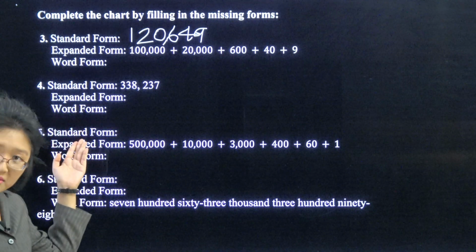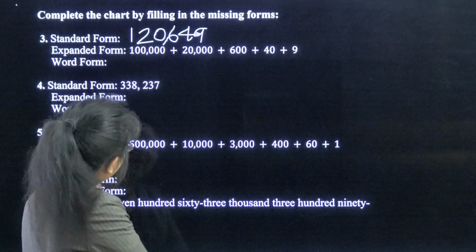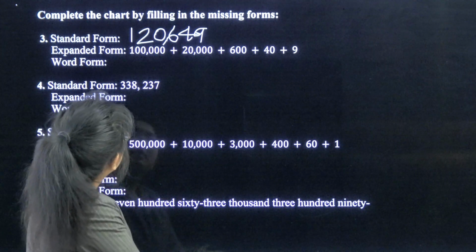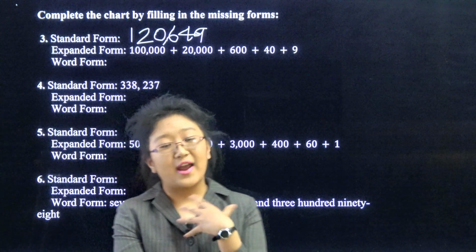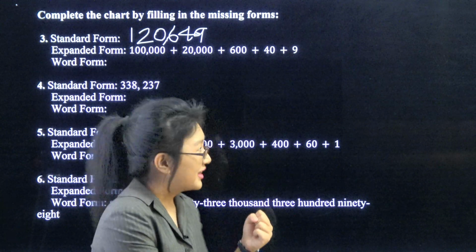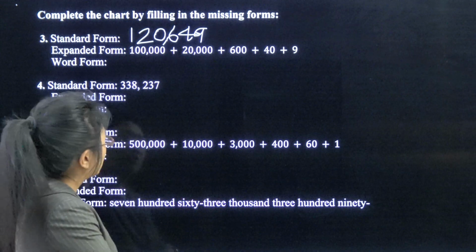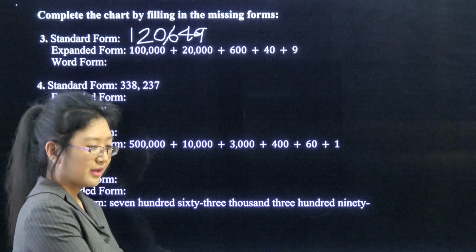So what's the word form of this? Well, let's read it out. 120,649. Now notice that I added ands. Some teachers don't do that. Some people will say 120,649.